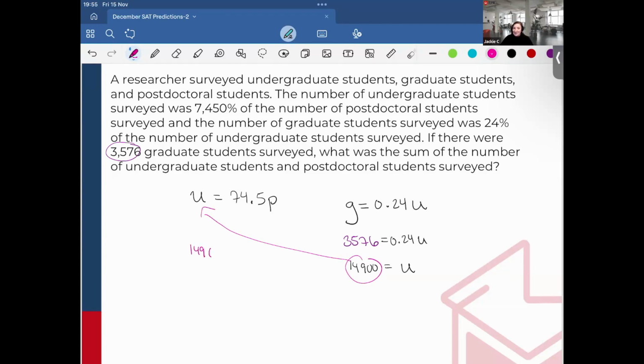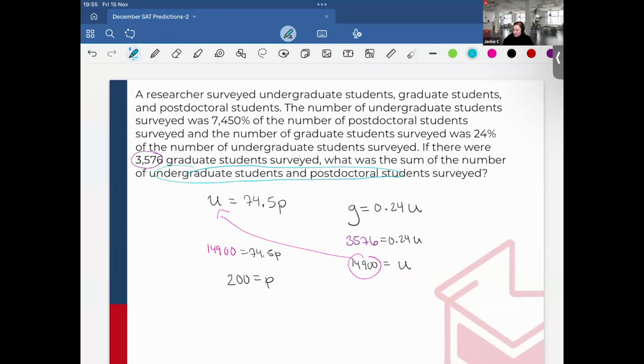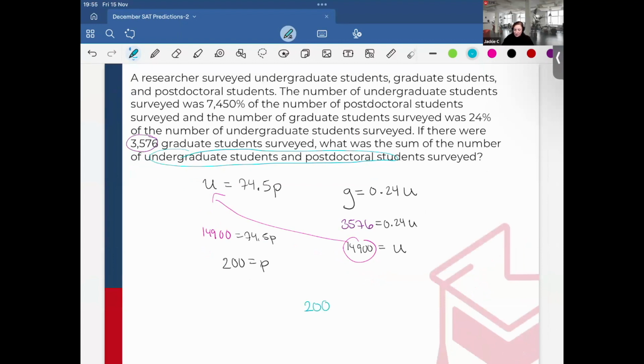So 14,900 is equal to 74.5p, and then divide each side by 74.5. So 200 postdoctoral students, and I'm asked what was the sum of the number of undergraduate students and postdoctoral students. So just 200 plus 14,900, which is the correct answer, 15,100.